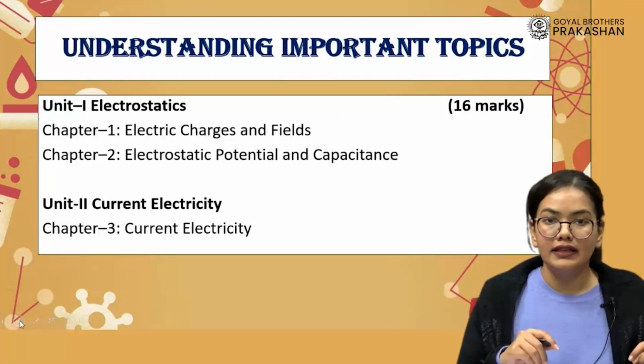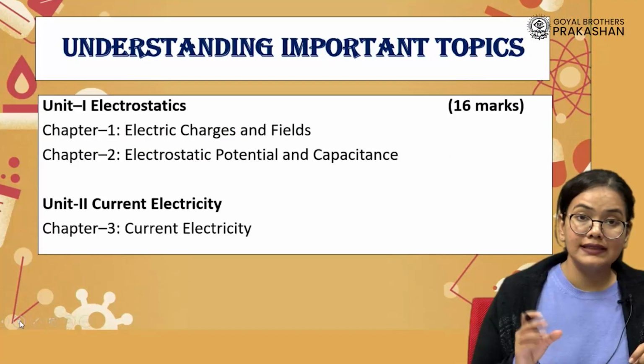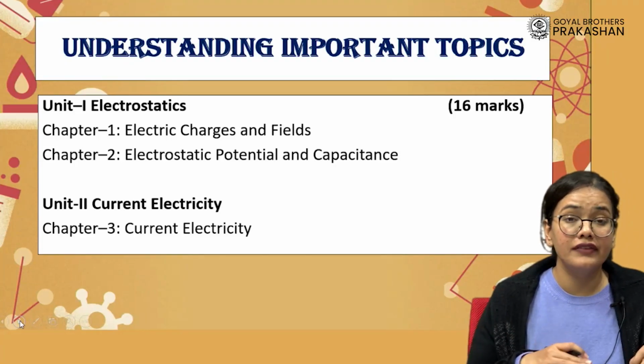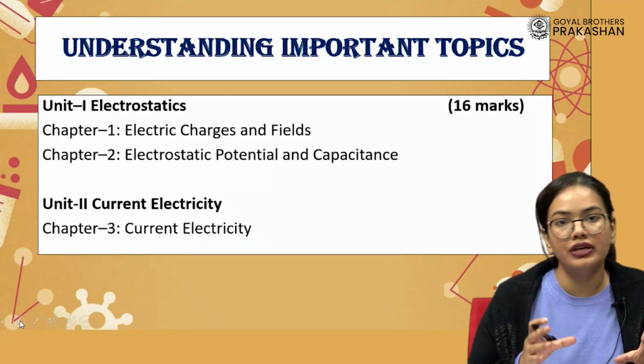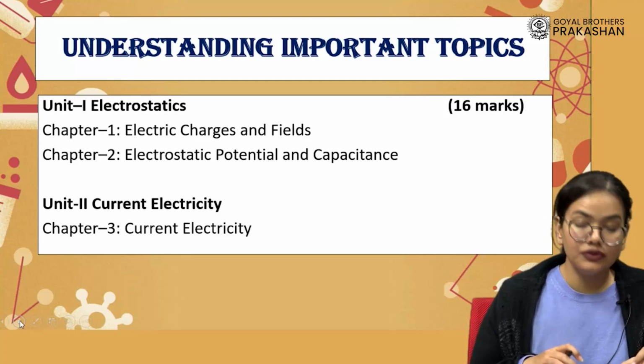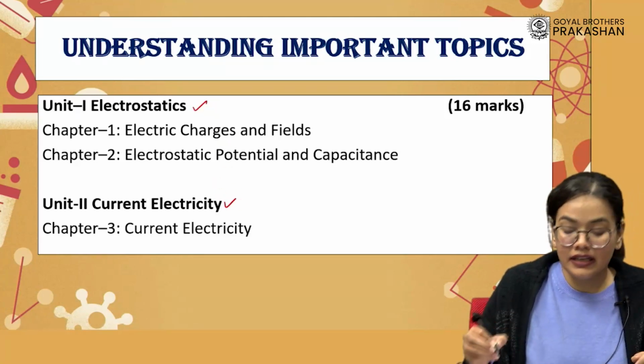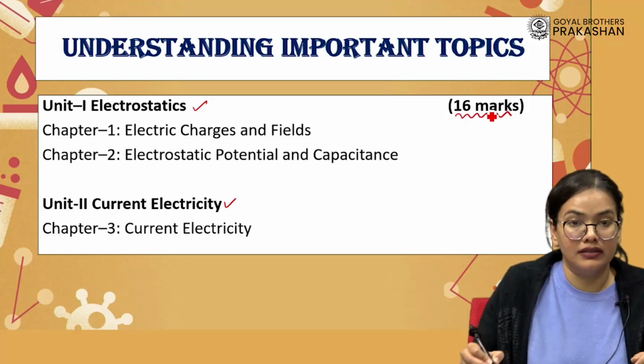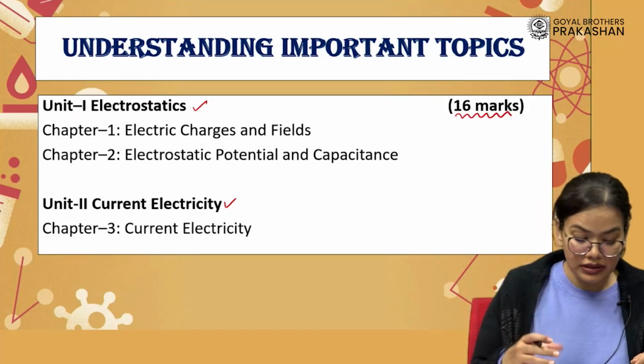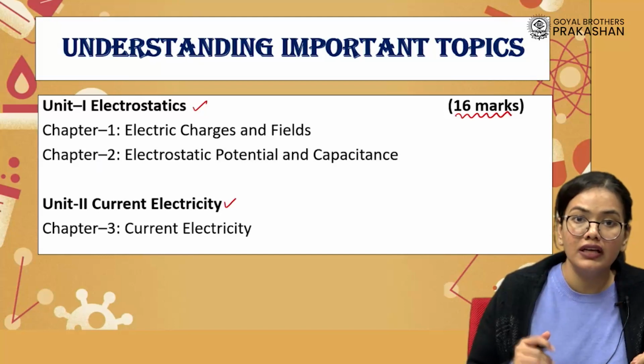Now, understanding the important topics. CBSE as such has not given chapter wise weightage, it has given unit wise weightage. So, the unit of electrostatics and current electricity, this entire unit, carries 16 marks, combining chapters 1, 2 and 3.